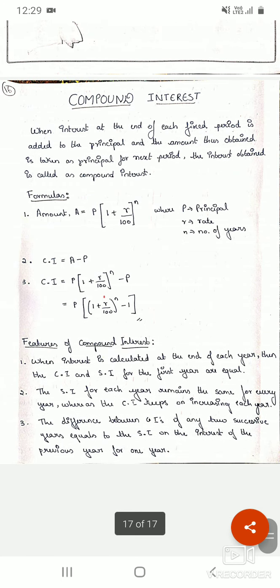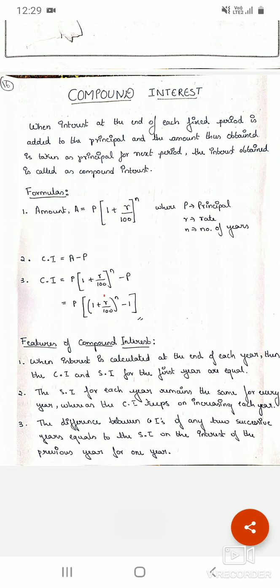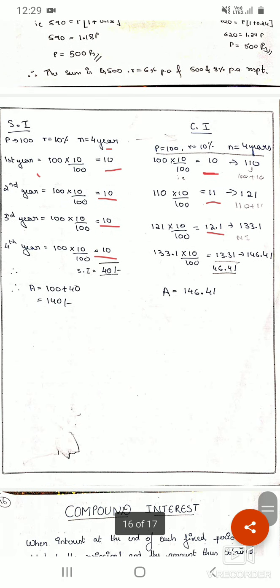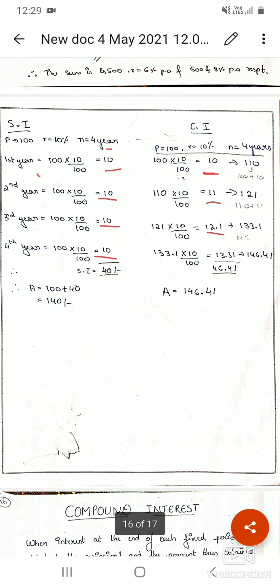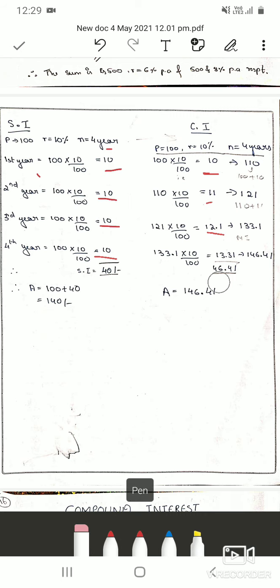The third one is the difference between the compound interest of any two successive years equals the simple interest on the interest of the previous year for 1 year. So what it says is, they are telling the difference between any two successive interests in compound interest. Suppose we are taking the difference between second and first year, so it is how much? 1 rupee.